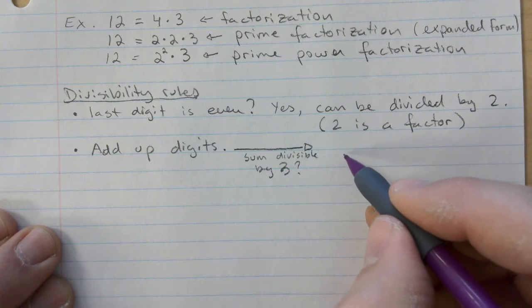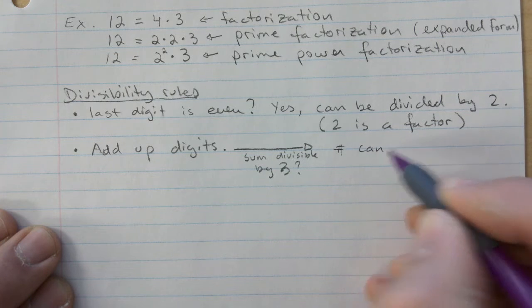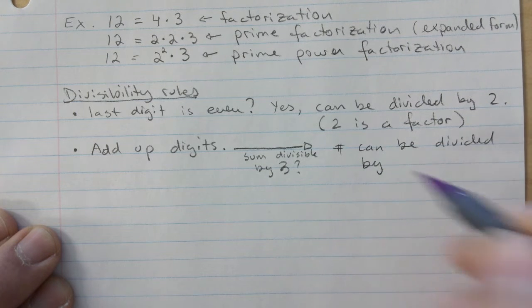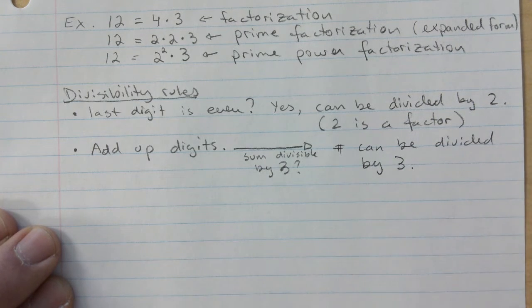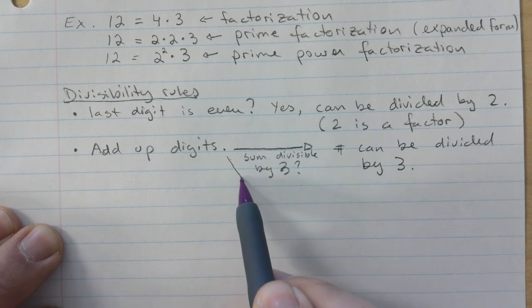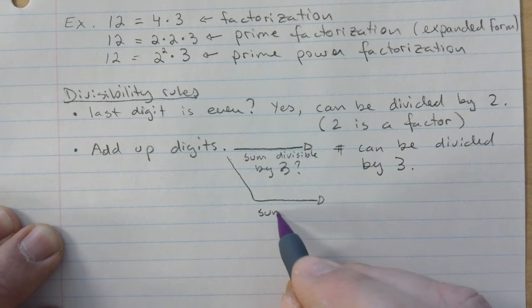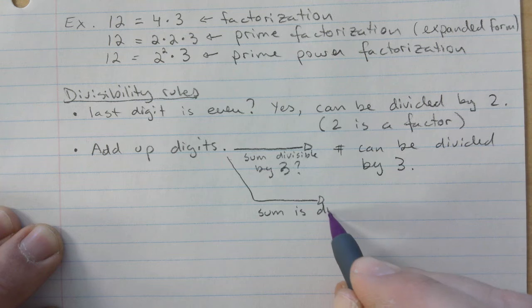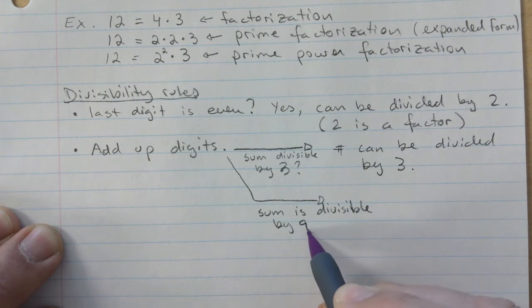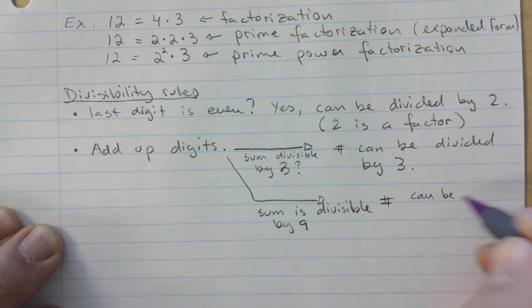If the answer is yes, then the number can be divided by 3. And I'll show you this later on, right? And then you add up the digits, and if you find that the sum is divisible by 9, then the whole number can be divided by 9.